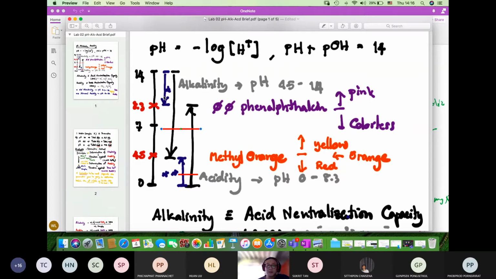For the acidity, you can find total acidity for a sample with pH approximately 7, or between 4.5 and 8.3. If the pH is below 4.5, you can find the total acidity, and you can also find the methyl orange or mineral acidity. So this is the link between the pH scale and acidity and alkalinity. These three parameters have a very close link with each other.